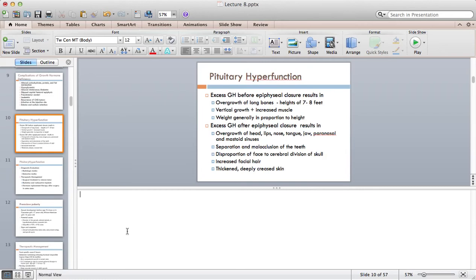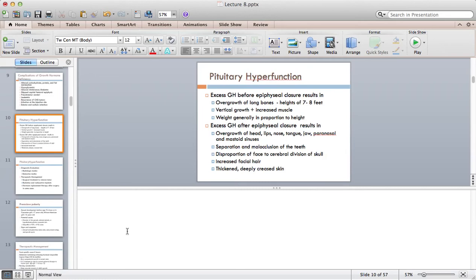So you see the head overgrowth, the protruding of the abnormality of all the facial muscles and all that. So now the growth is no longer vertical, but you are adding all that excessive weight on the already normal developed height and length that you see.